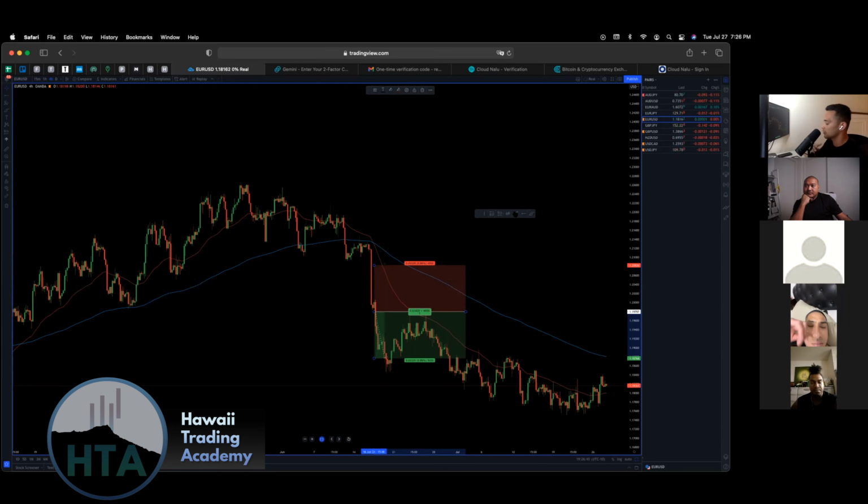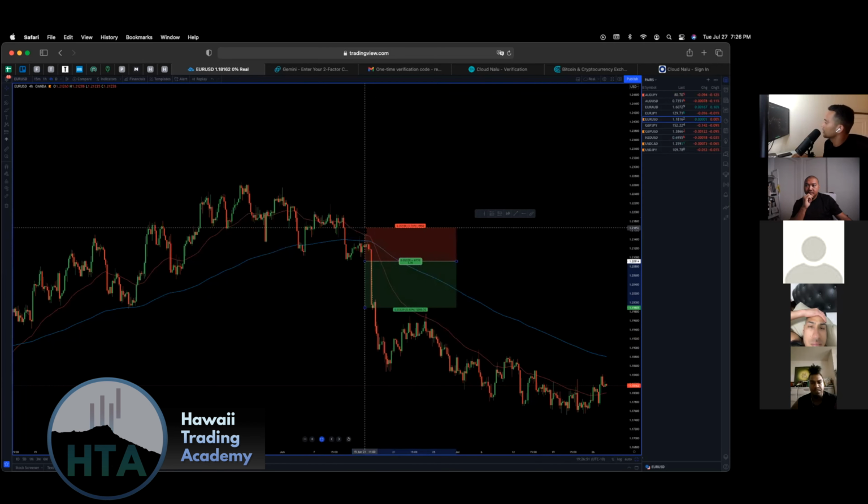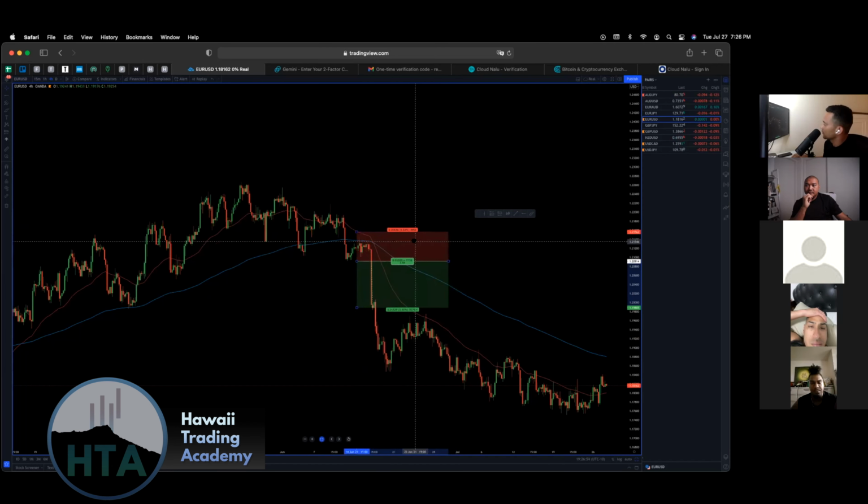That's why you want to add more pieces to the pie, like candlestick formations and volume. Then you could enter somewhere like here with your stop loss around the 50 EMA. But again, this is all hindsight. It looks really easy and beautiful, but it's a lot harder than it appears.